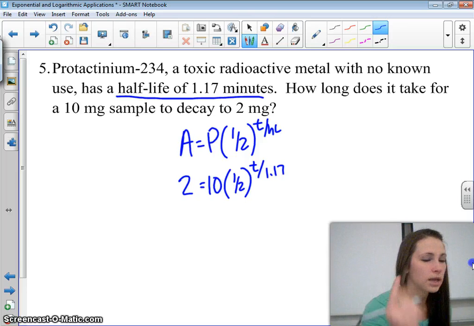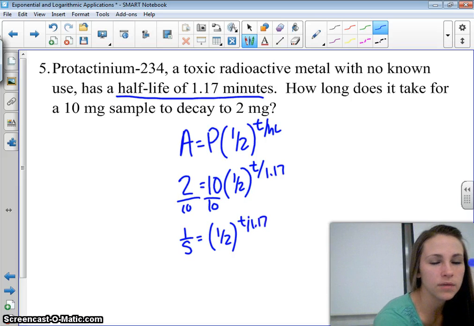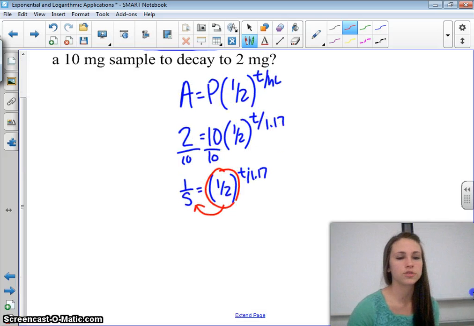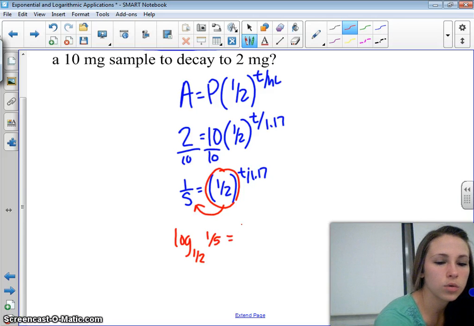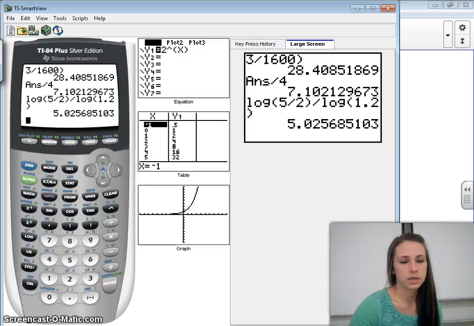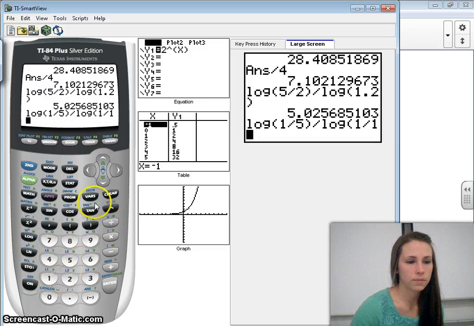So I'm going to go ahead and divide the 10 over, and so that would be 1/5 equals 1/2 to the T divided by 1.17. And then just like we did on the last one, I'm going to do log tall, log small after I rewrite it. So this is going to be log base 1/2 of 1/5 equals T divided by 1.17. And the way that I would solve this is, again, log tall, log small. So log 1/5 divided by log 1/2.